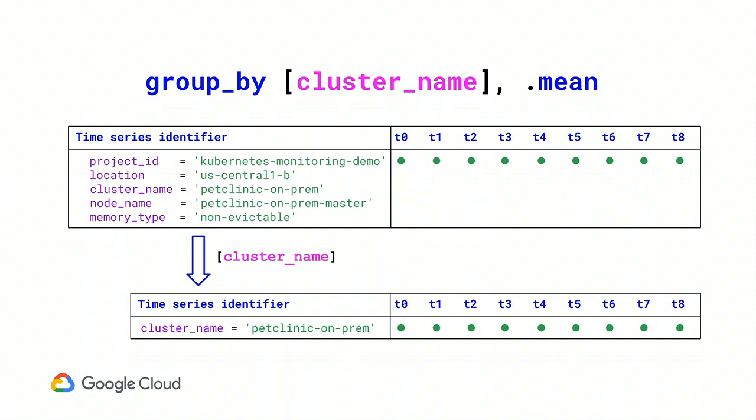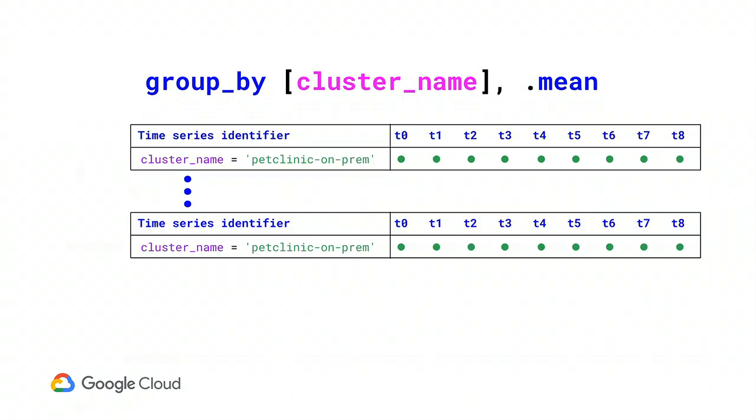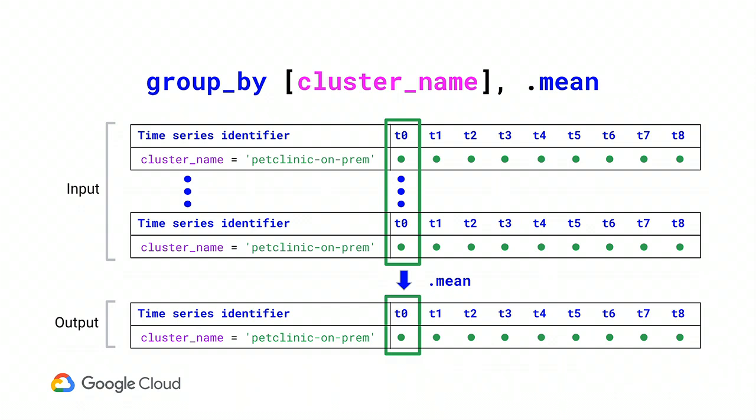The history remains unchanged. Now, if we do that, we're going to have a lot of time series in the table with the same time series identifier. But we only want one time series in the output with that identifier. So basically what we're going to do is apply the aggregator to these. We take all of the points at some particular time, and we apply the mean aggregator to them, getting the average value.